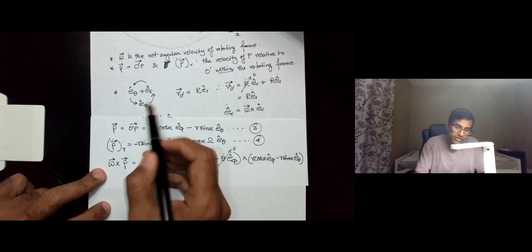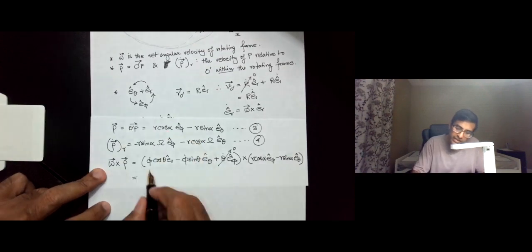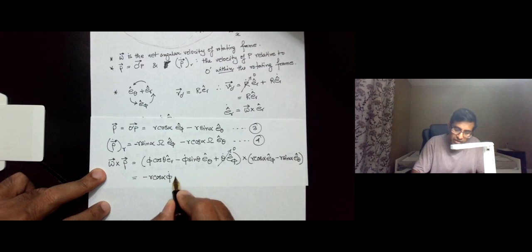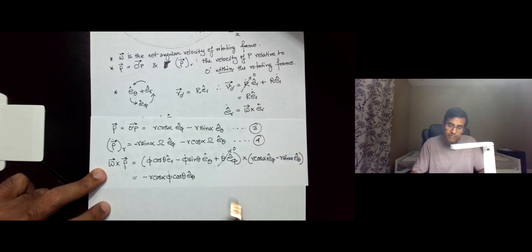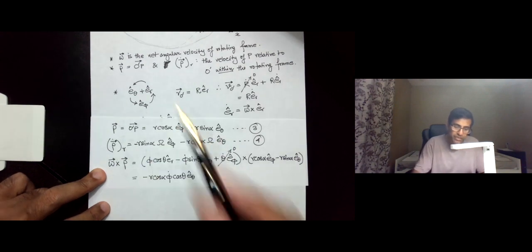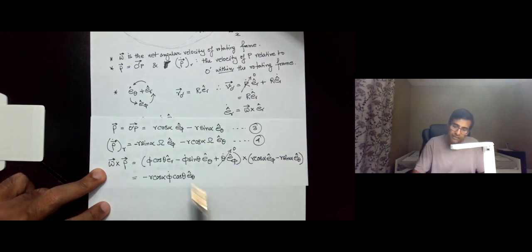So r cross phi is negative e theta, so we will have minus r cosine alpha phi dot cosine theta e theta, because we are doing r cross phi, which gives us negative e theta. Then we do r cross theta.